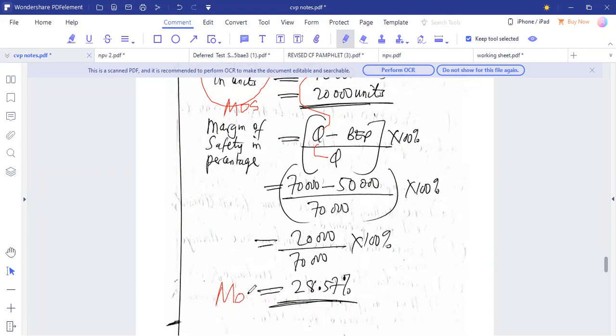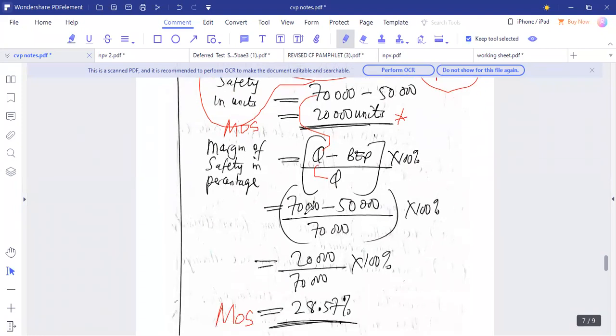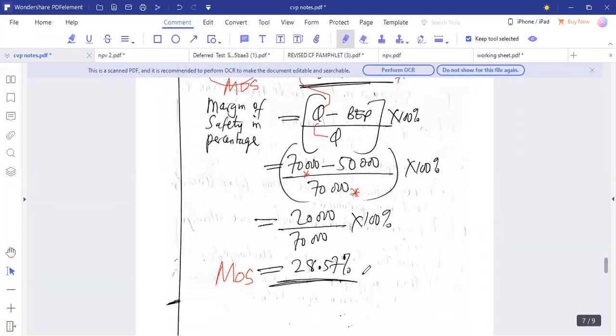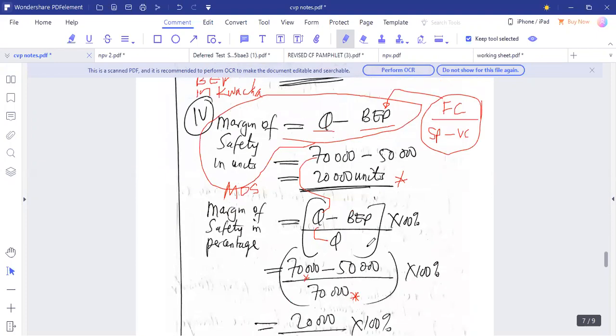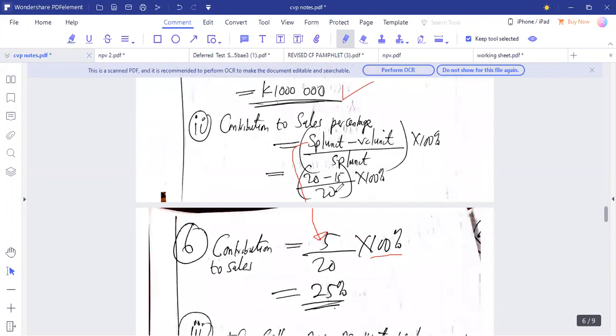The margin of safety in units was 20,000 units, the additional units they can produce if they are to start generating profit. Here again we have the 70,000, we subtract and divide by that, and we are getting 28.57%.